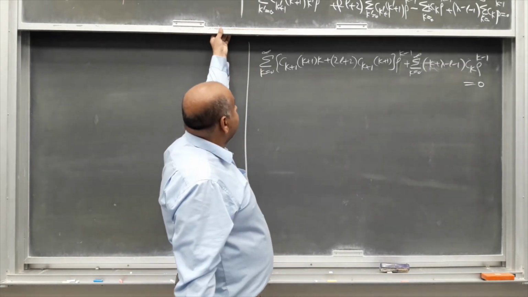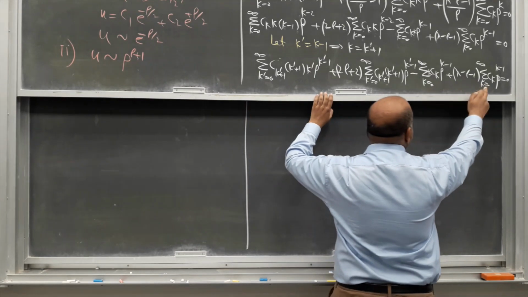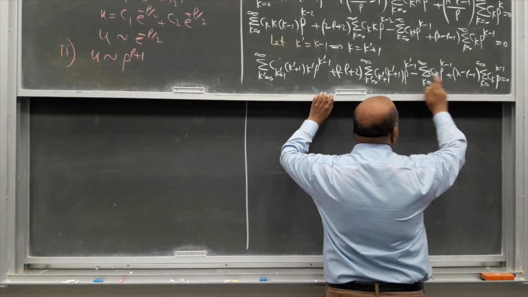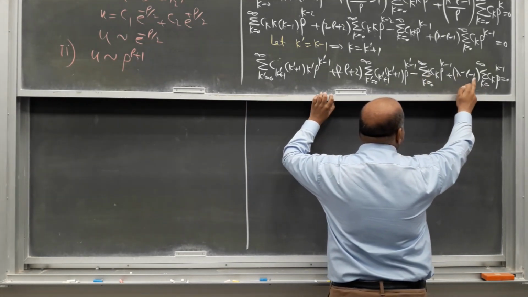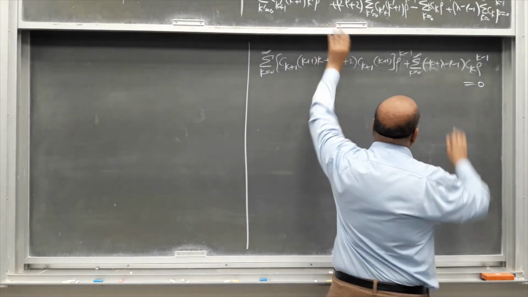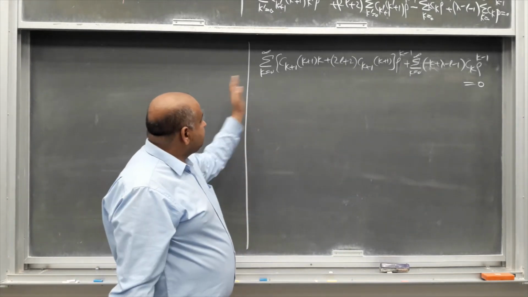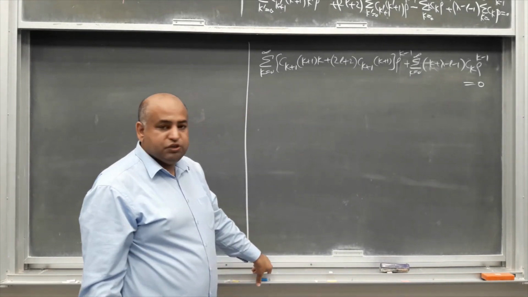So all I did is combine these two terms and combine these two terms. So when I combine this, I got minus k plus lambda minus l minus 1 into c k rho k minus 1 over here. Similarly for these two terms. Now this is a series which is summing to 0.